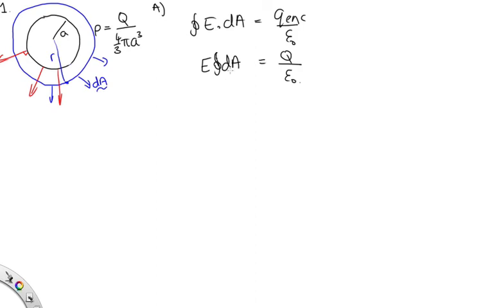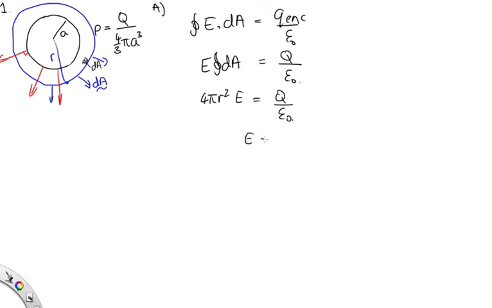Now what this integral means is it's the surface integral where we have to add up all the contributions to the area. So if we break this up into little dAs and sum them all over the surface, we're just going to end up with our surface area. So this will be E times 4 pi r squared is equal to Q over epsilon naught.